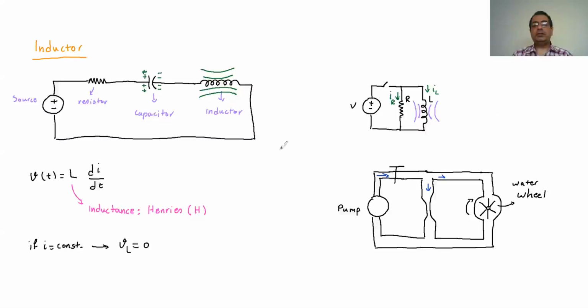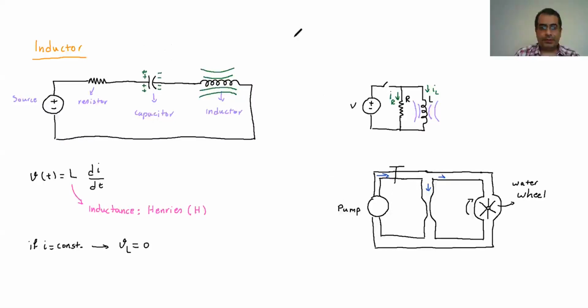If the current increases, again, it stores the energy to prevent the current increase. Always it fights in the opposite way, always fights the change of the current. So in some format, you can see what's happening here with this example of the water, pump and the wheel here.